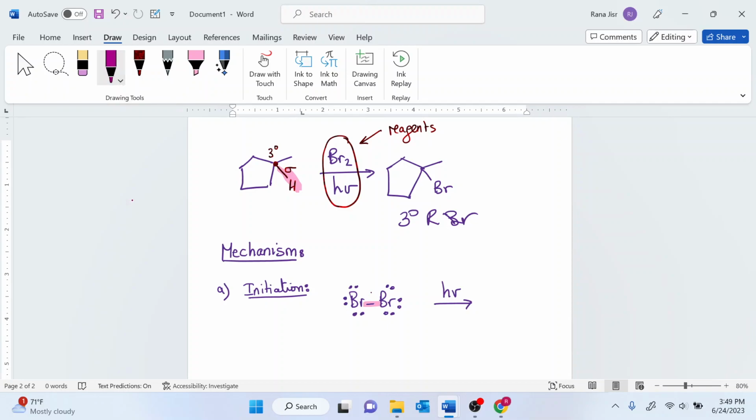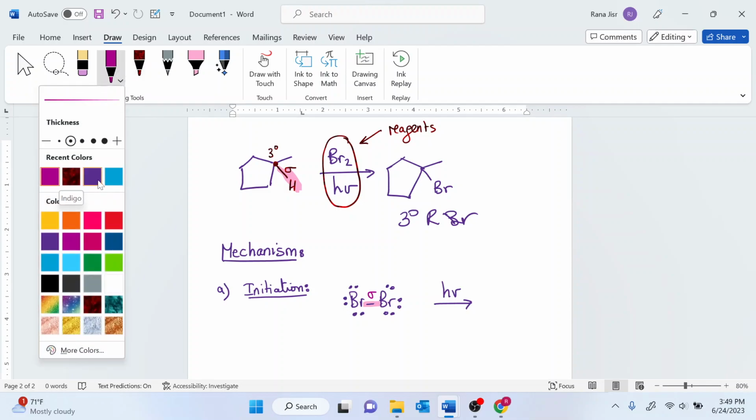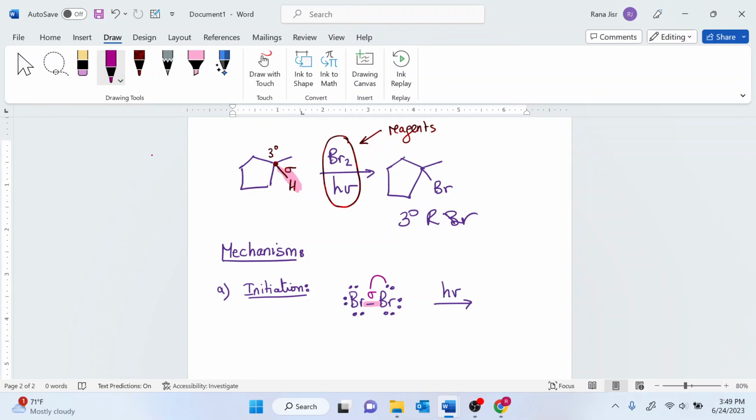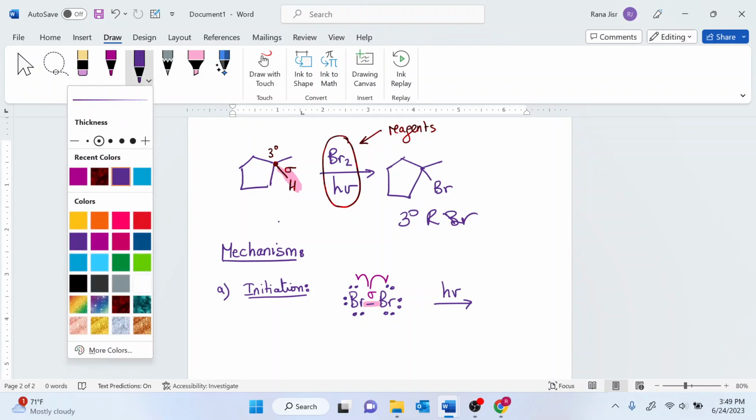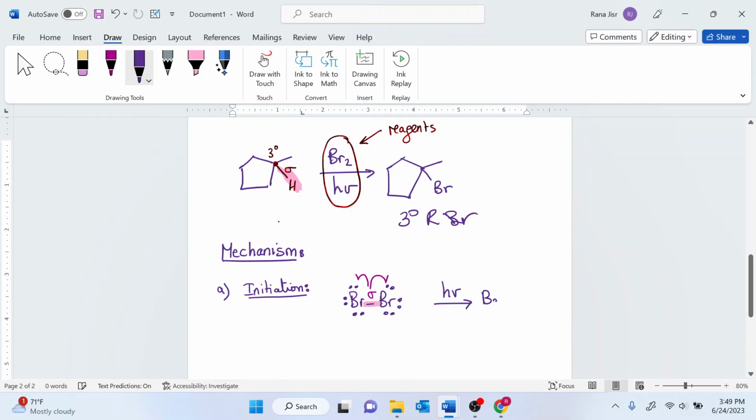The sigma bond normally between two electronegative elements is very weak, and that can be broken easily with light. Of course, the mechanism here is a homolytic cleavage. So once the sigma bond breaks, every electron goes to one of the bromines. So you're going to end up creating a free radical bromine. So you have a bromine free radical here and a bromine free radical there.